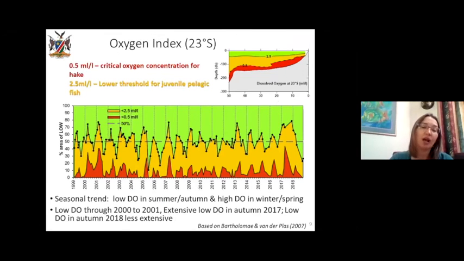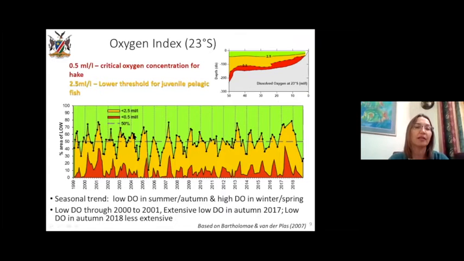So with our regular monitoring that we do, I mentioned the Walvis Bay transect, where we have our primary monitoring line. We have also developed what we call an oxygen index. Here you look at specific threshold oxygen levels.